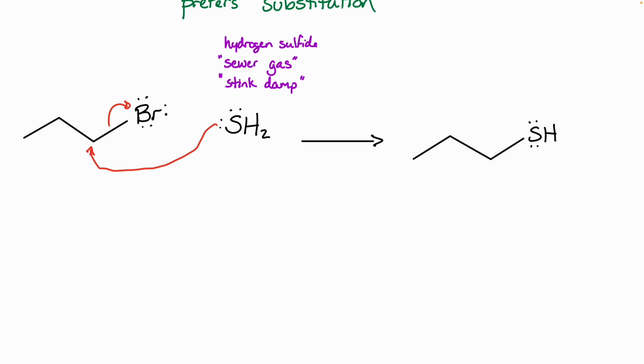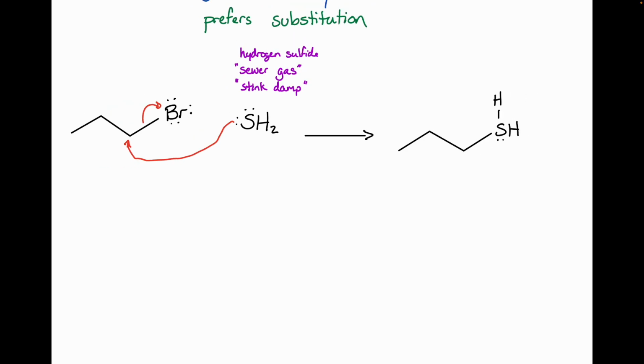Oh, I lied. We got to deprotonate. We'll use our bromide ion. So now we have our thiol. All right.